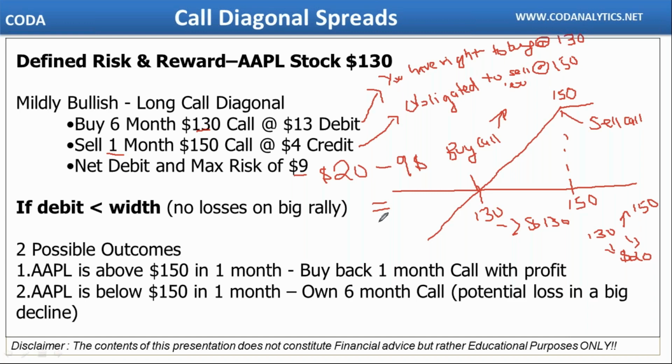That is why we are saying here that if the debit is less than the width, no losses on a big rally, because it will just cancel out here. Let's say, for example, our width here was maybe 135.